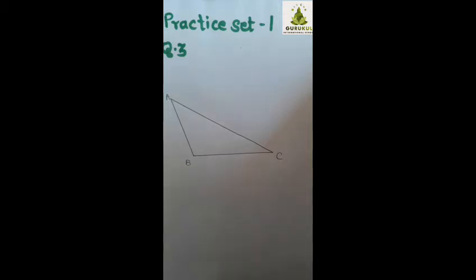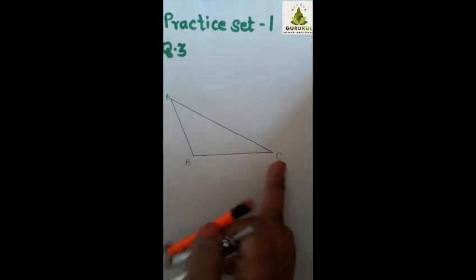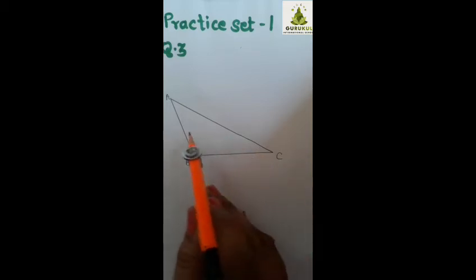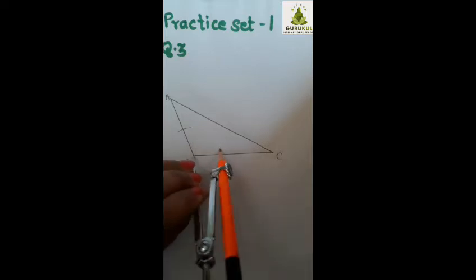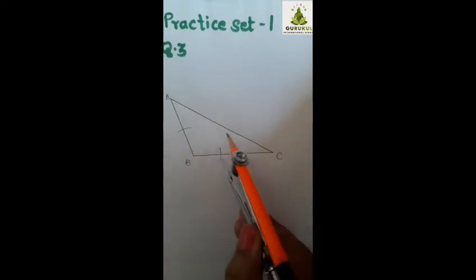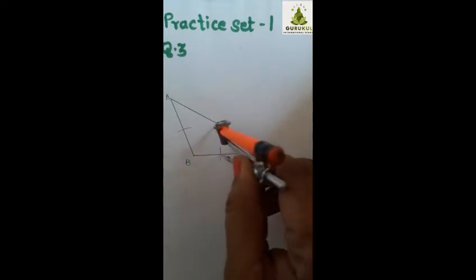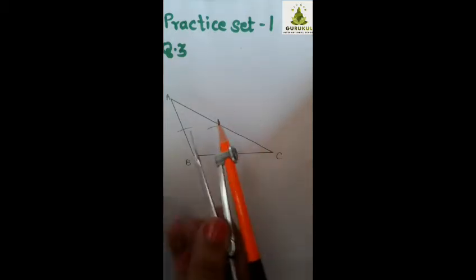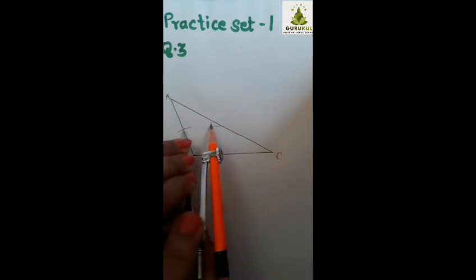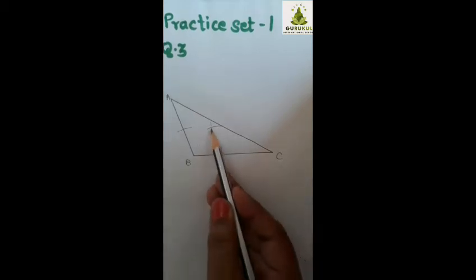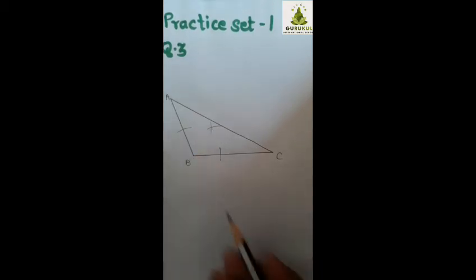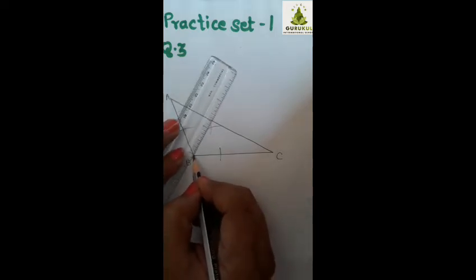First of all, you will draw the angle bisector for each angle. So let's proceed. First of all, I will proceed with angle B. Okay. Now join this point of intersection and angle B using a scale.